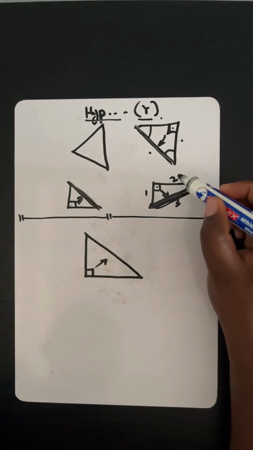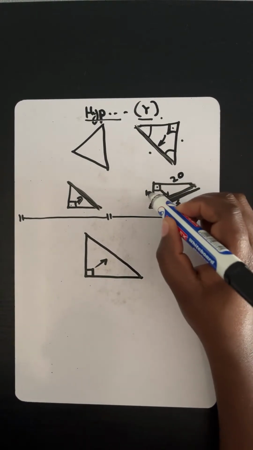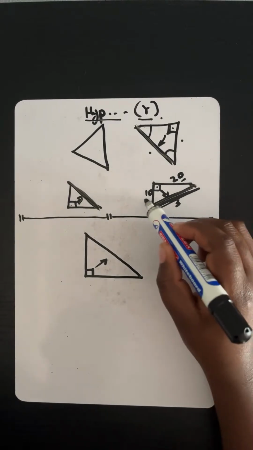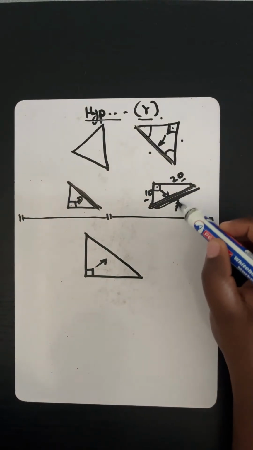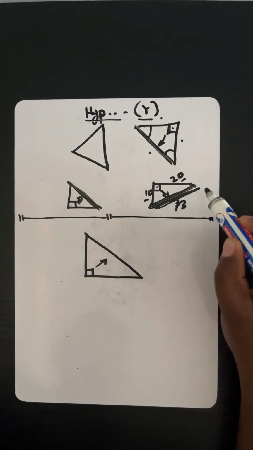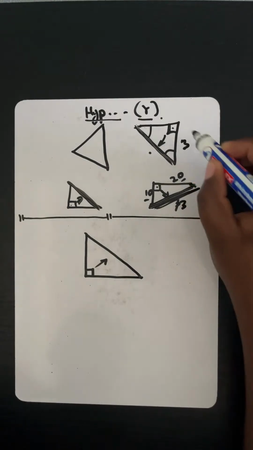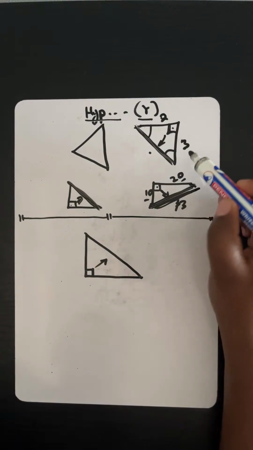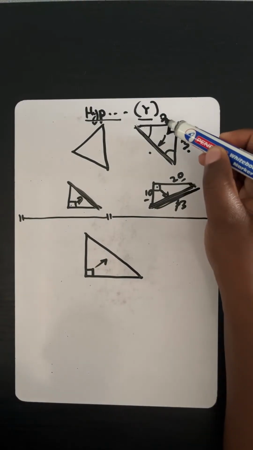If side 1 is 20 and this side is 10, the hypotenuse must be longer than 20 or 10. The moment it is 13, you know something is wrong, because the hypotenuse is always the longest side.